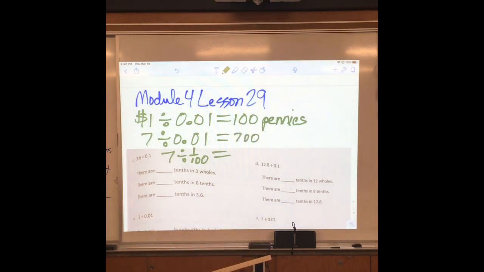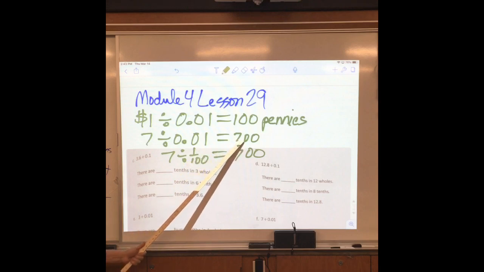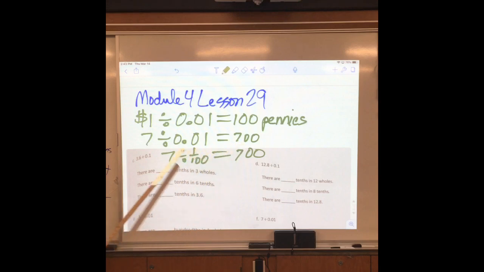You said 700. You were correct. And our answer here would be 700. Wow, that's wild, isn't it? So we have our dollar, we're going to exchange it for pennies, we're going to end up with 100 pennies. If we have $7 and we exchange it for pennies, we're going to get 700 pennies. And this is the way of writing it as a fraction.